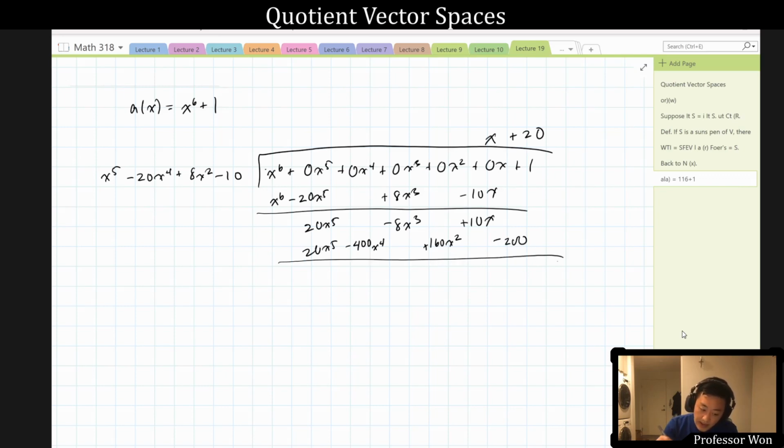You subtract again, and the remainder you get is 400x to the fourth minus 8x cubed minus 160x squared plus 10x plus 200 and 1. I forgot to bring down my plus 1 here. So this polynomial, if you divide it by p, you get that x to the 6 plus 1 is equal to x plus 20 times p plus this polynomial.